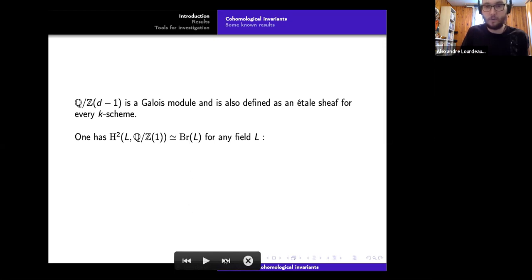And this is why for the rest of the talk, I will say invariant of, for instance, G, Brauer 0 or not 0. This is just the group of cohomological invariants of degree 2 with coefficients in Q/Z(1).